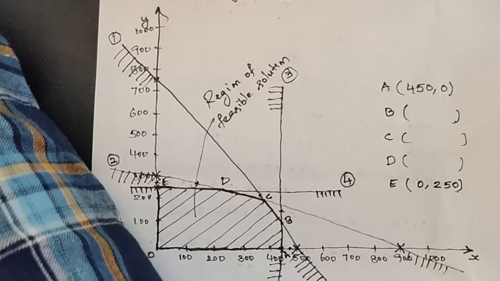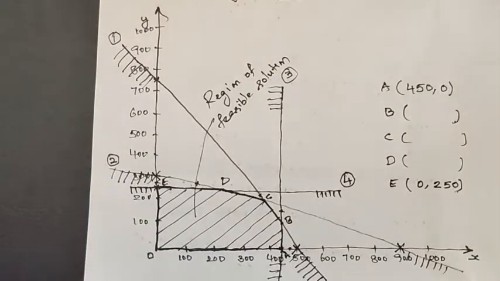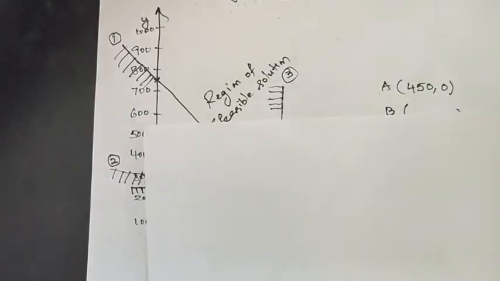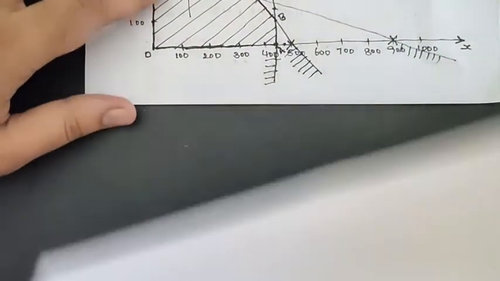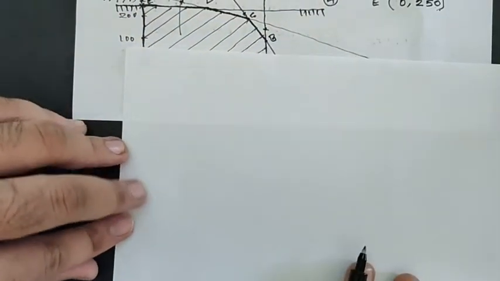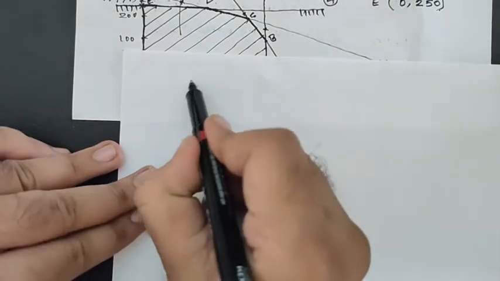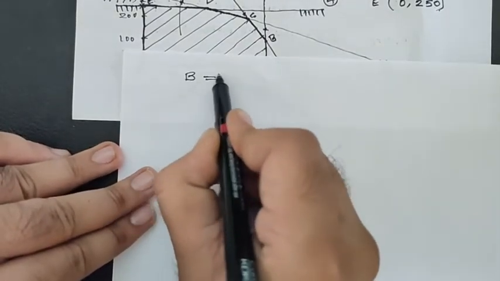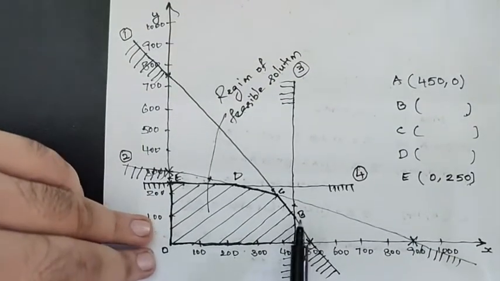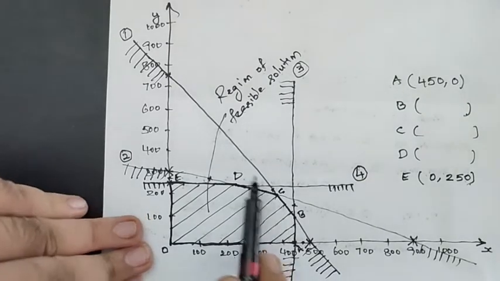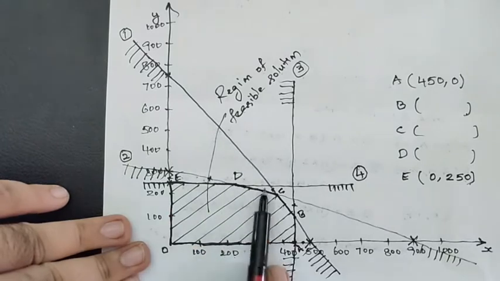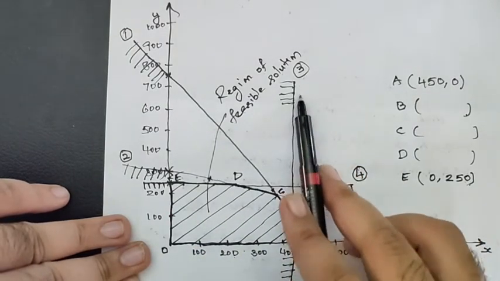Okay, so first coming to point B, I need the value of point B, the vertex. How is point B formed? If you observe, point B is formed because of the intersection of line 1 and also line 3.